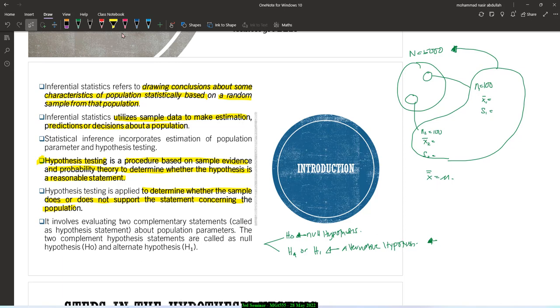For example, let's say a manufacturing company, right? Dia filling water dalam botol kan. So dia claim that dalam satu botol tu, right, botol air, nampak botol air Coke lah contoh, for example Coke ataupun ni lah mineral water, right?